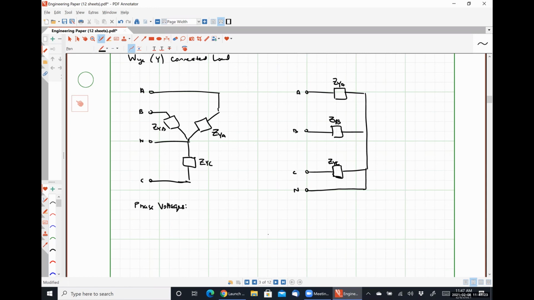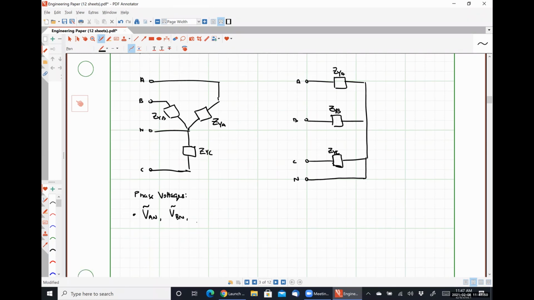So if I'm looking at this impedance ZYA, what is the phase voltage associated with that portion of the load? Yes, VAN. For ZYB, we would have VBN. And for ZYC, we will have VCN.